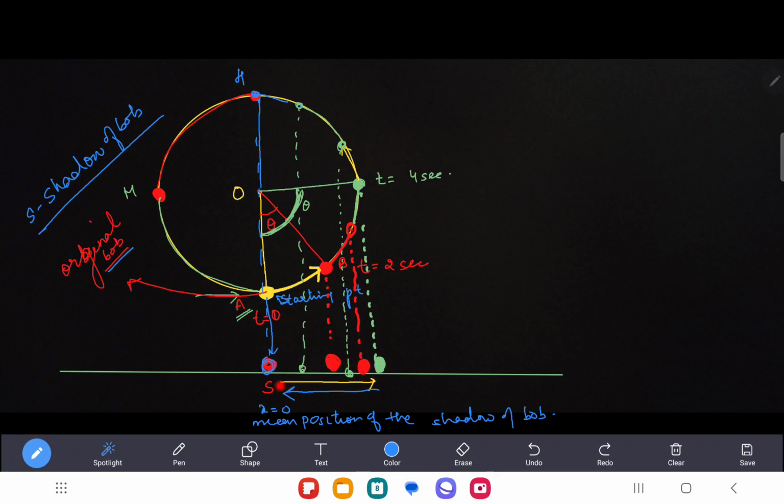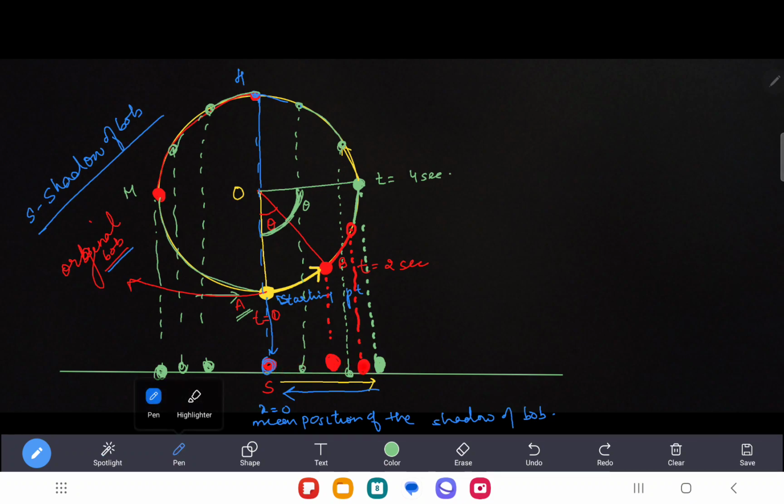Forward and backward. You understand? Then when the ball is coming down, the shadow is formed right here. When the bob is coming here, the shadow is formed here. What I'm trying to tell you is that the shadow is not going beyond a certain limit. The shadow is limited only to this particular region. It cannot go beyond this distance; it is limiting itself to this distance only.